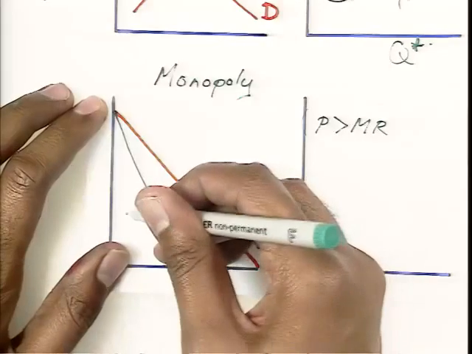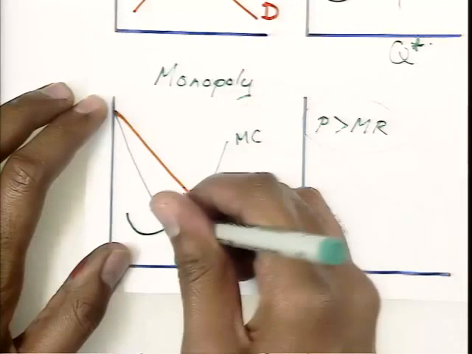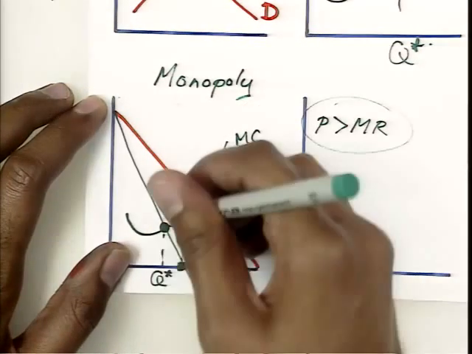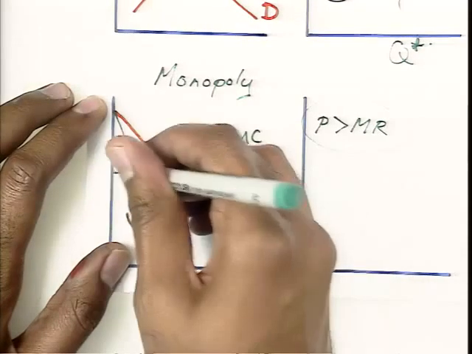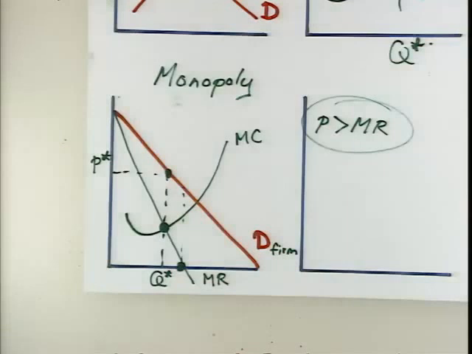Same profit maximizing rule, MR equals MC, tells the firm how much to produce. You look at the demand curve to decide what price to charge.